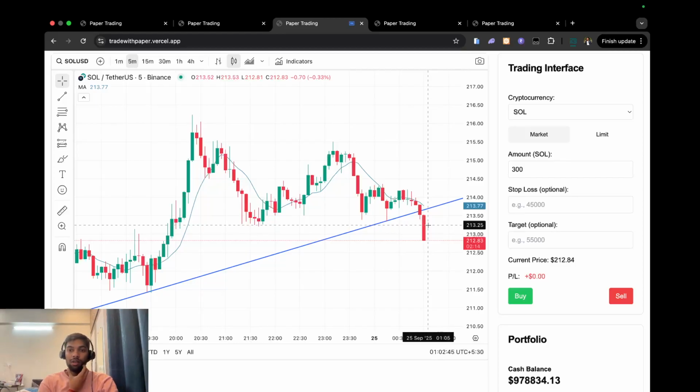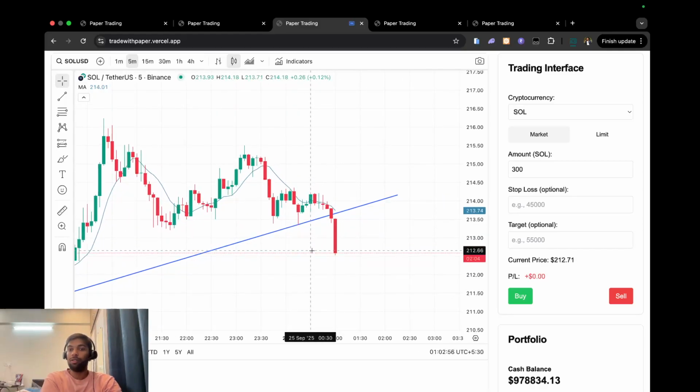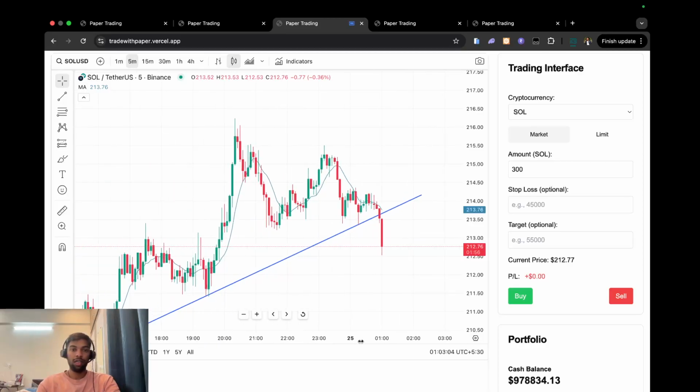Now it is quite beyond my buying price. I will wait for an exact setup to trade because it will move down a bit. I have to wait for a right setup.